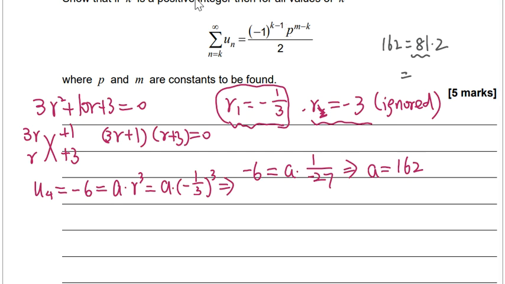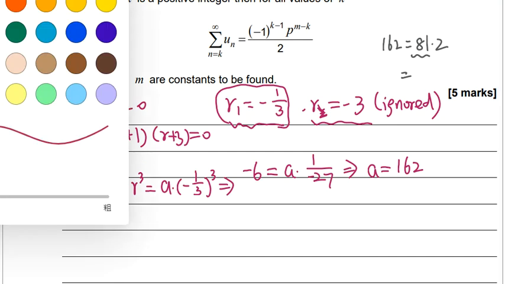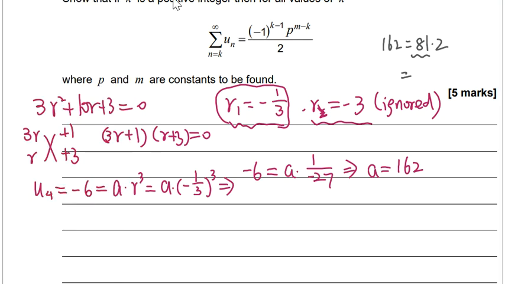Sure. Let's keep writing. Now we've got a is 162 and r is negative 1 over 3. So we've got everything about this geometric series. Now let's observe this summation a little bit. The sum of something like this.